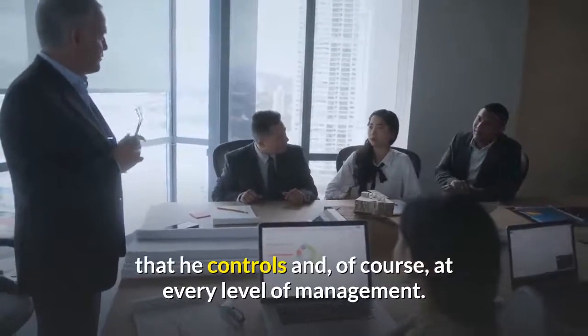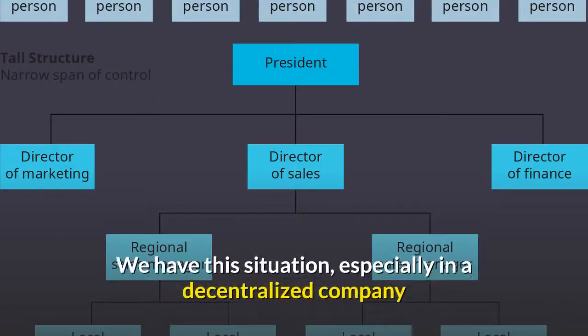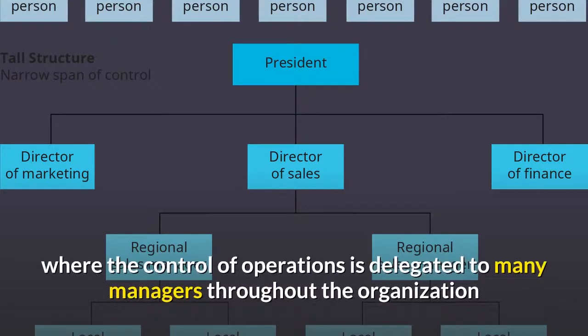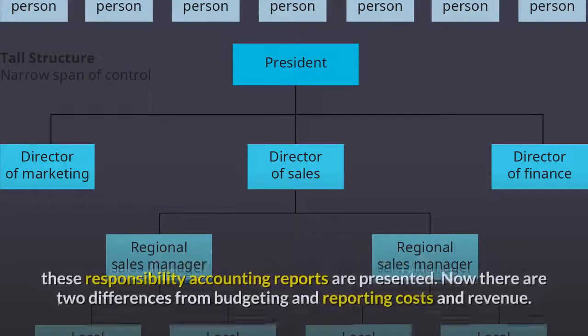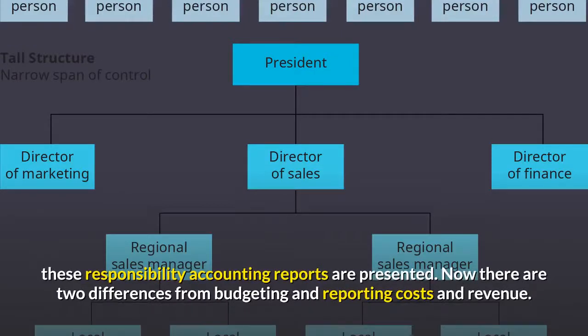And of course, at every level of management, we have this situation, especially in a decentralized company, where the control of operations is delegated to many managers throughout the organization. And the segment is the area of responsibility for which these responsibility accounting reports are presented.